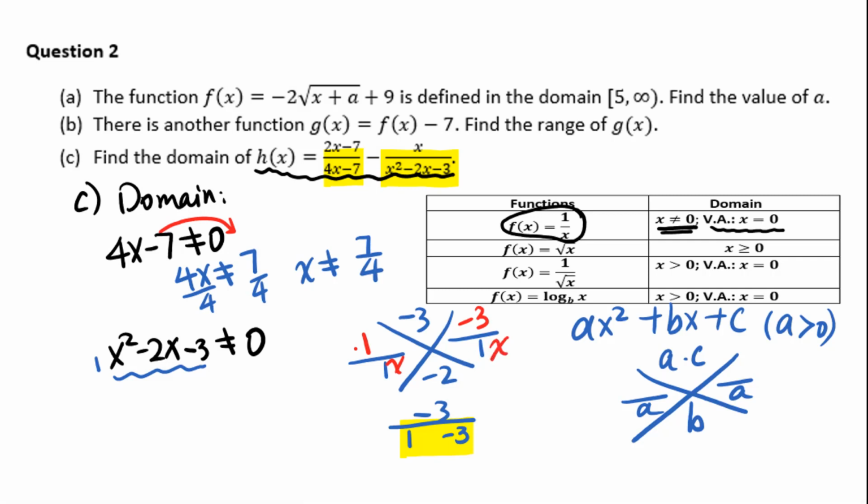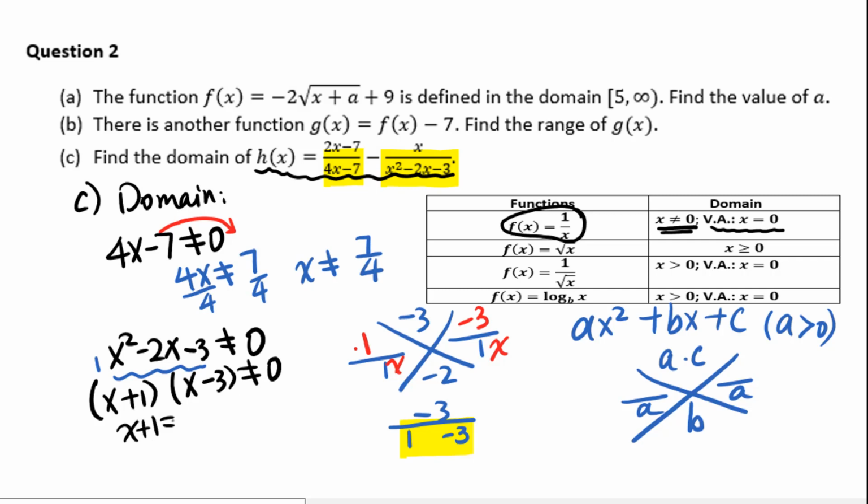Then bottom up, you will get x plus 1 times x minus 3 not equal to 0. x plus 1 not equal to 0, and x minus 3 not equal to 0. You will get x not equal to negative 1 and x not equal to 3.